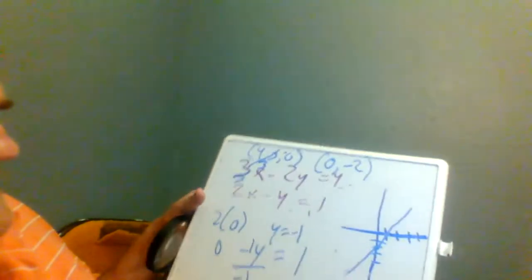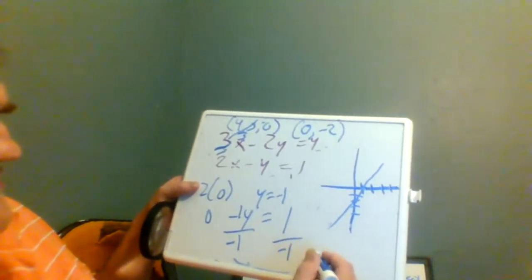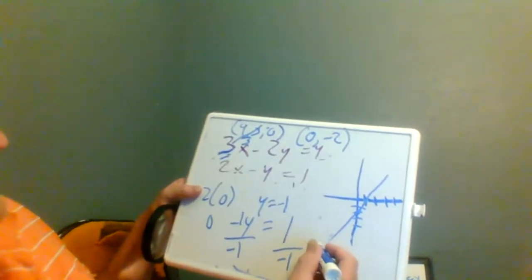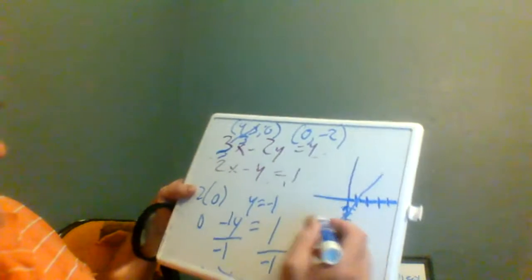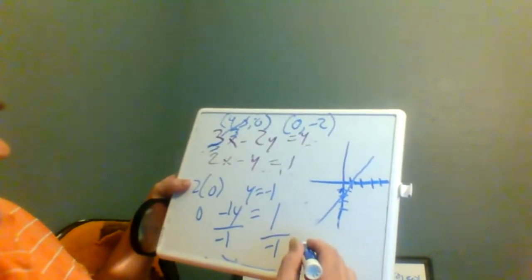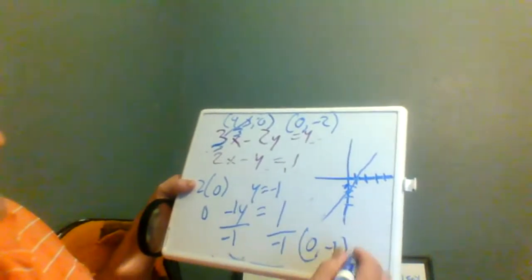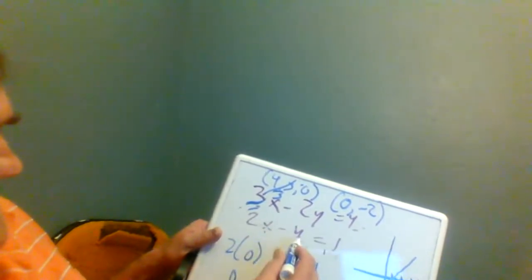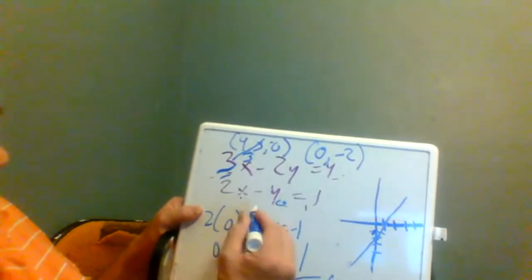So down here, y is equal to negative 1, so the y is going to be right here, and it's going to be 0, negative 1 for one of the coordinates. For the other coordinate, we're going to solve for x, so you're going to put a 0 for y there.